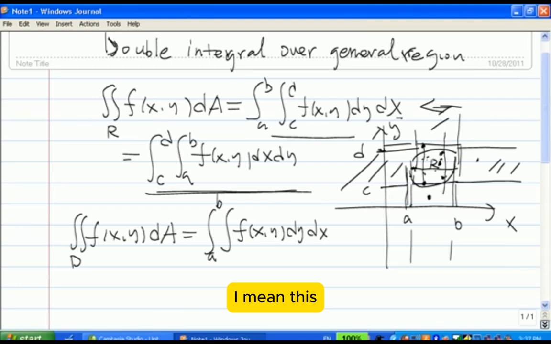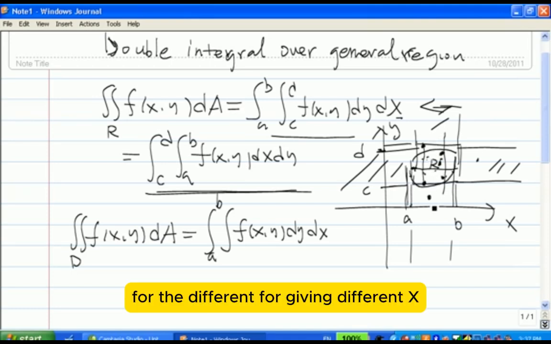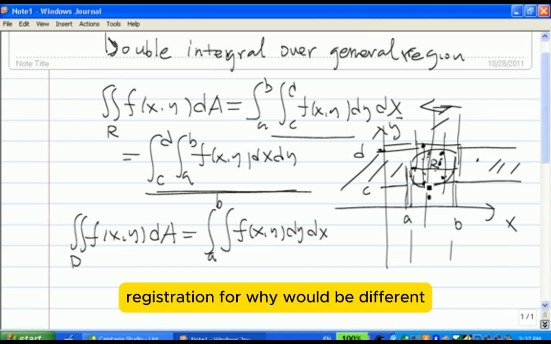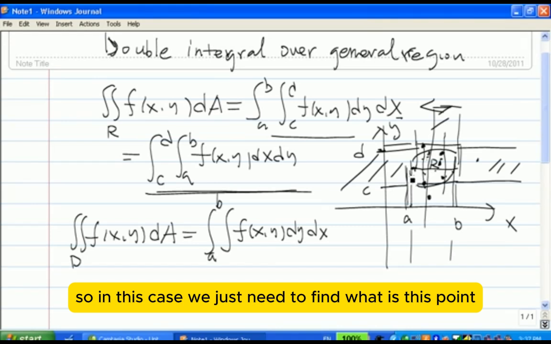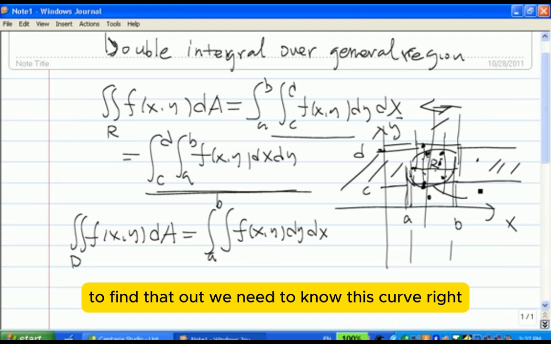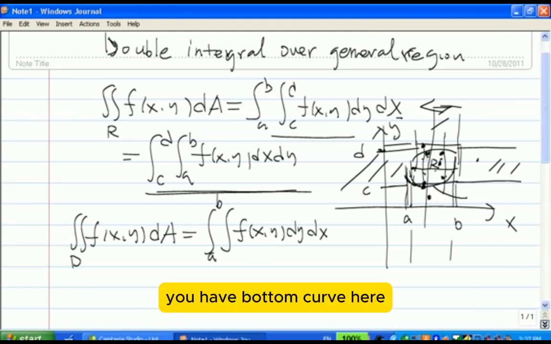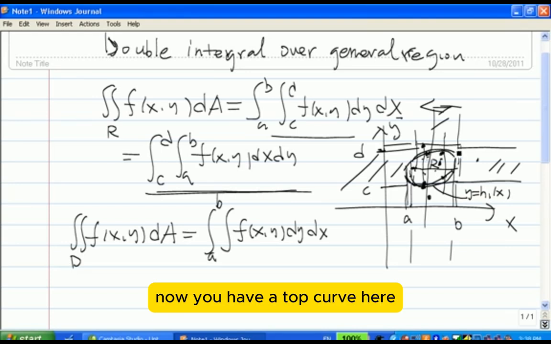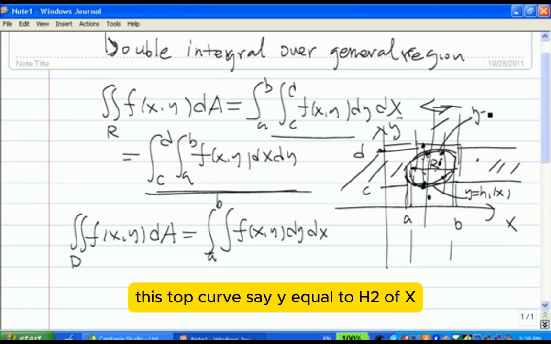So it's not c and d. In fact, for different x, the restriction for y will be different. In this case, we need to find what this point and that point are. To find that, we need to know these curves. You have a bottom curve, y equal to h1 of x, and a top curve, y equal to h2 of x.